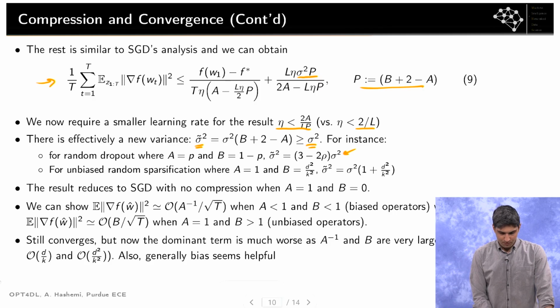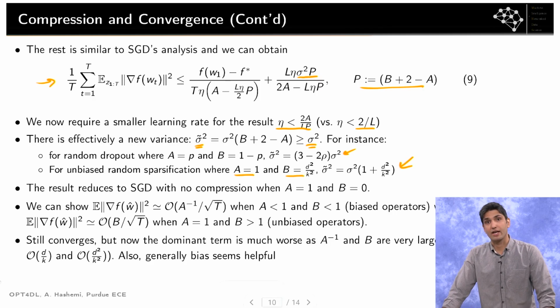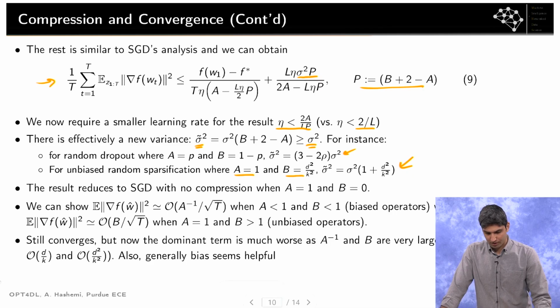Okay. For unbiased randomized sparsification, however, where a is equal to 1 and b is d squared divided by k squared, the new variance is actually significantly larger. So it actually goes up by a factor of d squared divided by k squared.